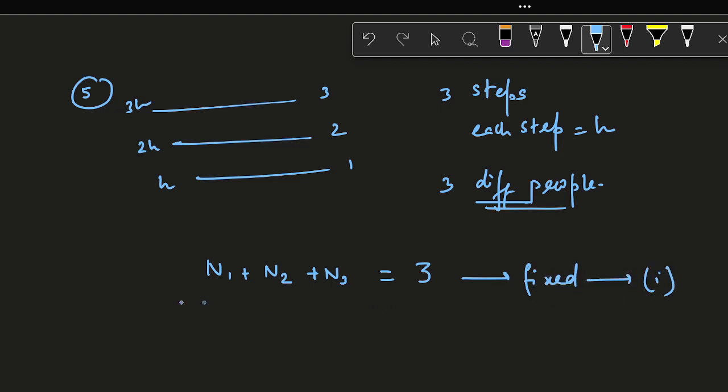This is our constraint number 1. And constraint number 2 is that your total potential energy is also fixed. That means we have to maintain 8Wh potential energy. So first of all, if h is the height of the first step, then the potential energy of any person of weight W that stands here will be Wh. So W times h is the potential energy of each person if step height is h.